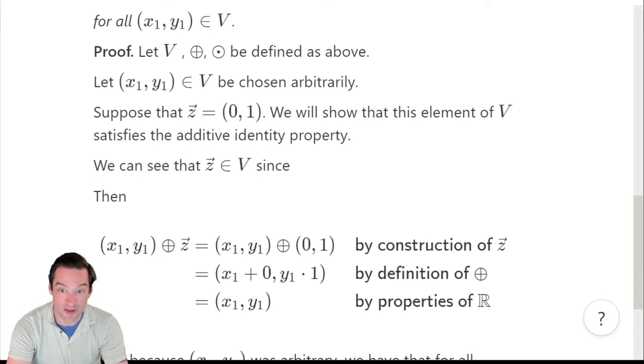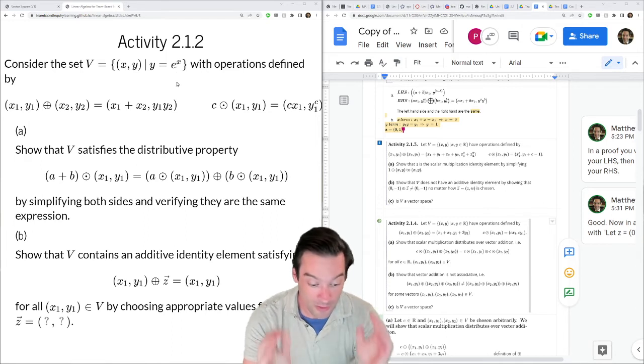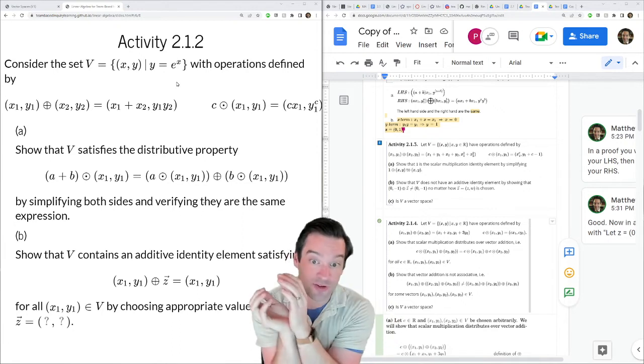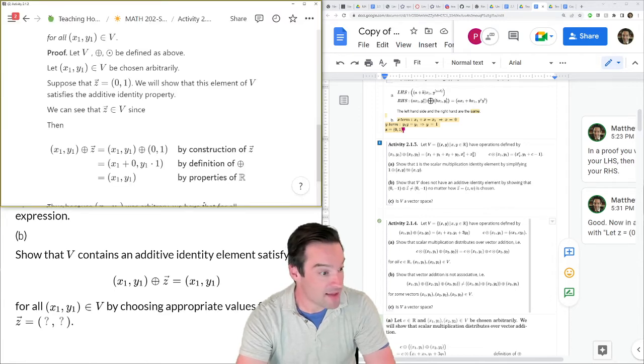The set v was the set of all points x, y, such that y is equal to e to the power x, right? So it's the set of all ordered pairs of real numbers where the second one is e raised to the first one. So I have to verify that my claimed element z actually meets that criterion.